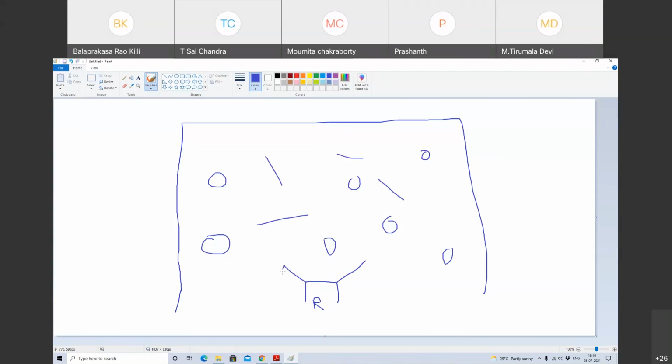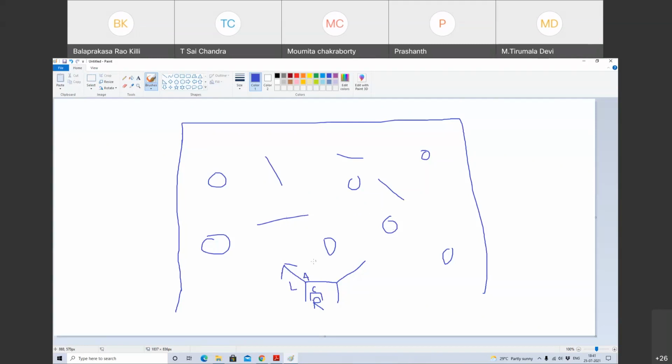Now let us say the action is moving left. So if the robot moves towards left, then the object it sees, let us say a camera was attached to this robot. Now when it moves left, the object it sees is completely different from when it moves right.